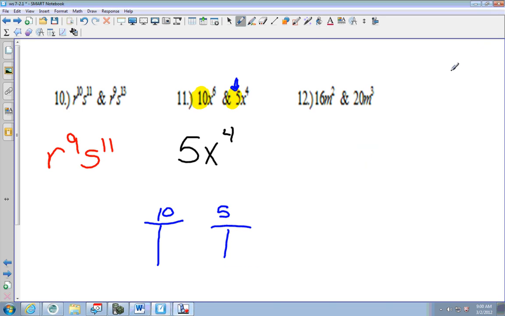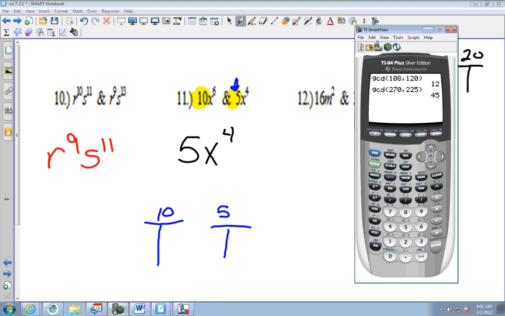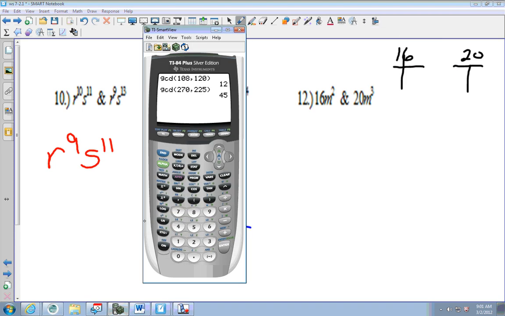All right, this next one. If you drew your table, you could find the factors of 16 and the factors of 20 to find your GCF. You could also go into the calculator and put in math, arrow over to number, GCD, 16, comma, 20, enter, and it's 4.